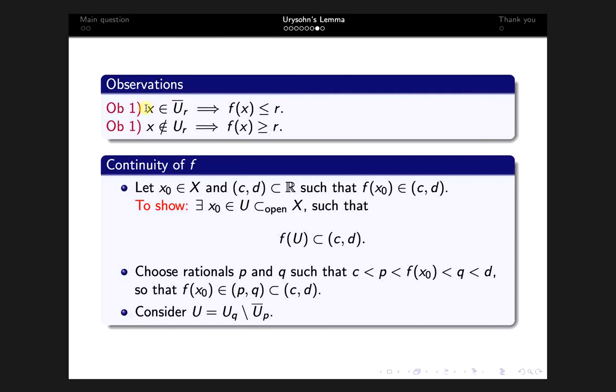So this is an exercise. One can prove it easily.